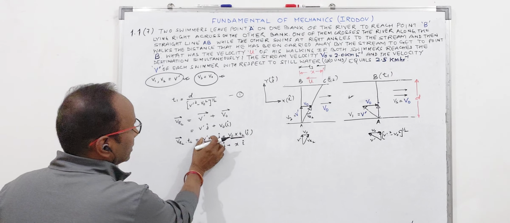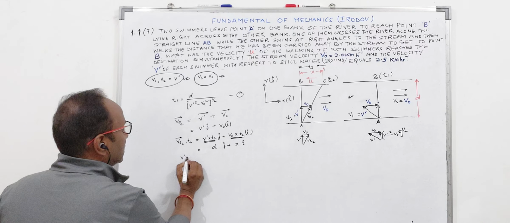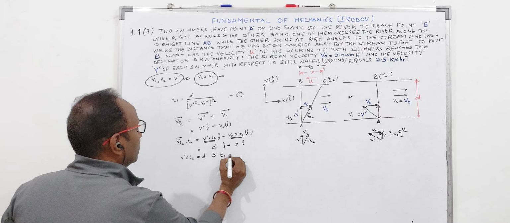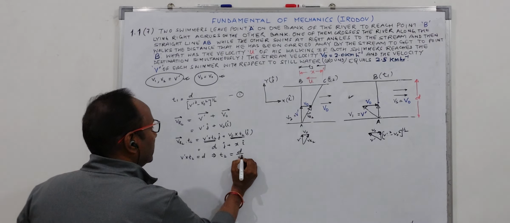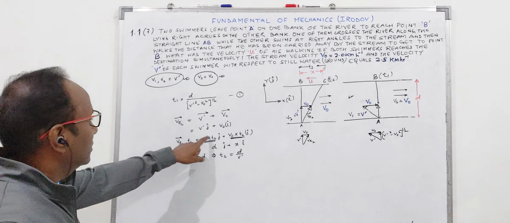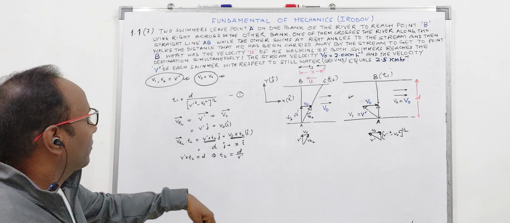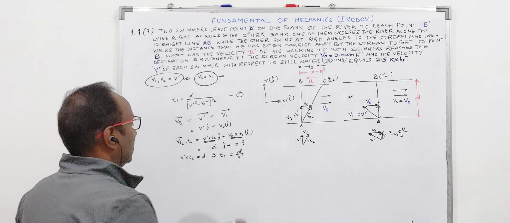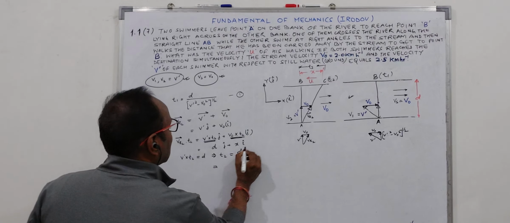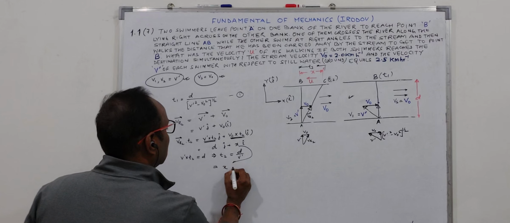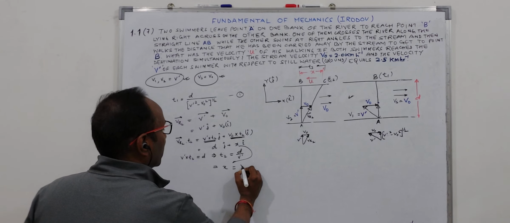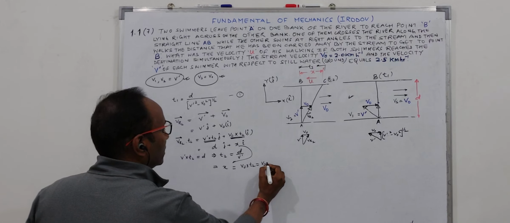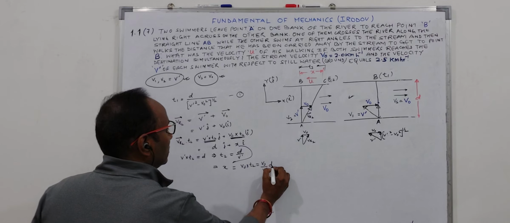So from here, v dash into T2 is d, meaning T2 is equal to d by v dash. From here, v naught into T2 is equal to X, so X is equal to v naught by v dash into d.